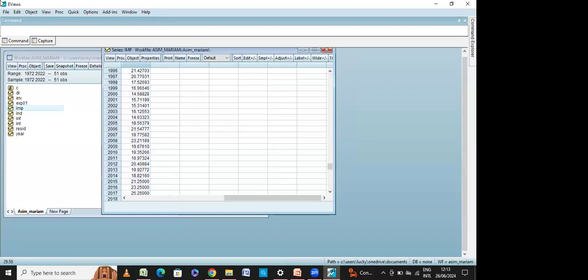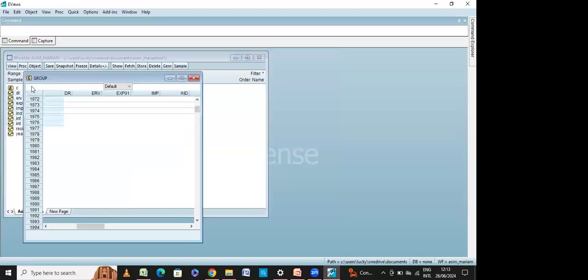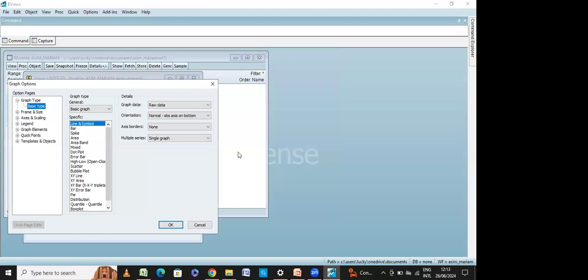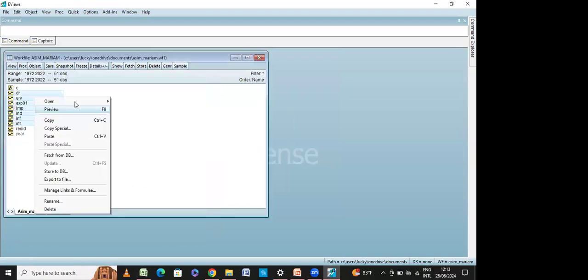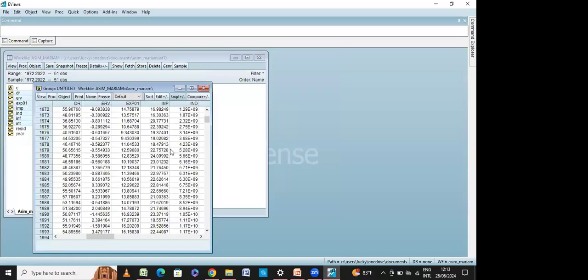Now, I told you the time series data is changing over a period of time. So I can show you a small different thing. Here I select all my variables, open as a group, and I am going to show you the normal line and symbol graphs.